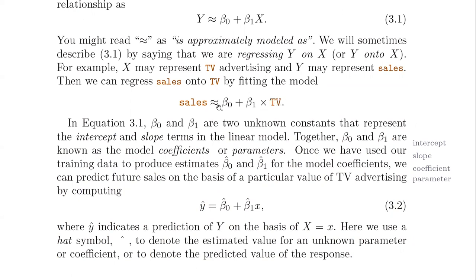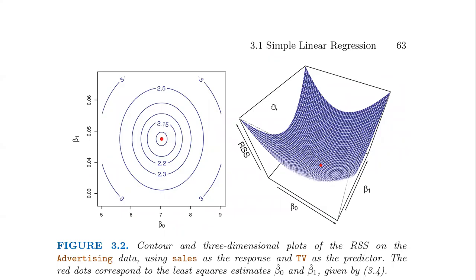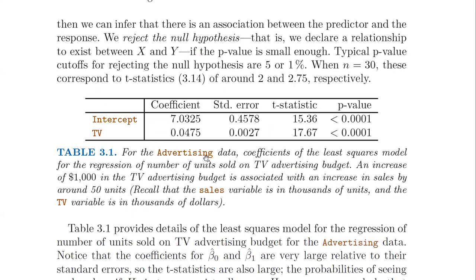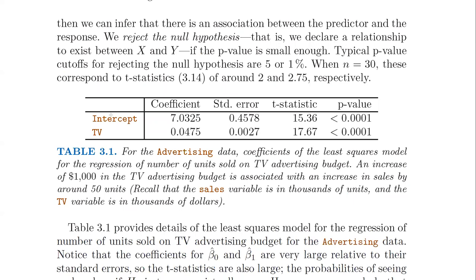We need to estimate beta naught and beta 1, the intercept coefficient and the TV coefficient. And this is what we've done over here. This is your first step, to estimate these two. And that's just those two formulae when we mentioned differentiation.